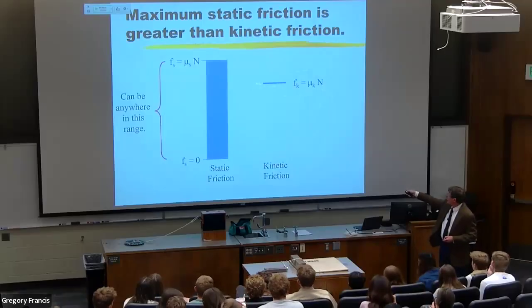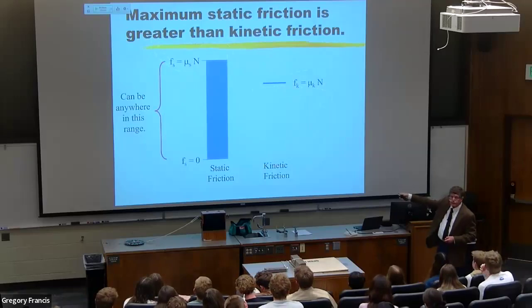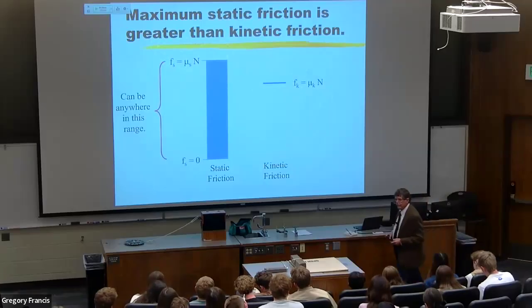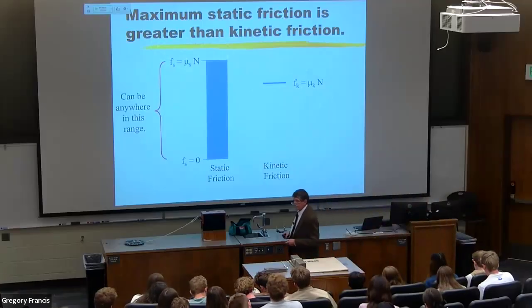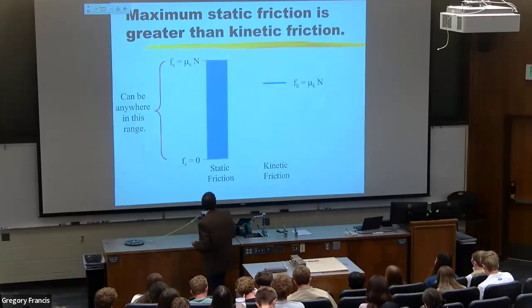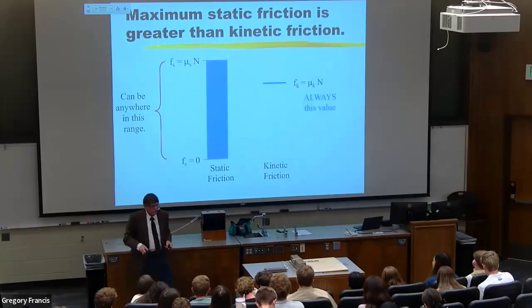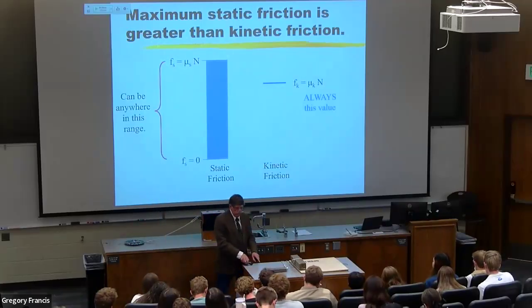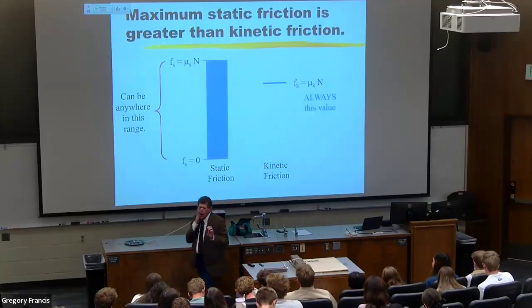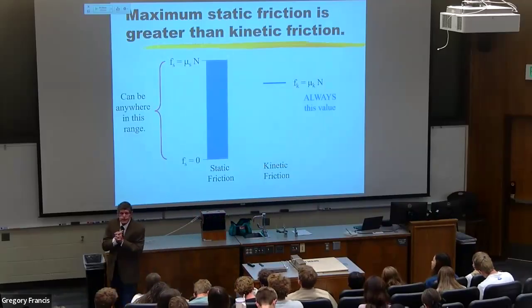And this kinetic friction is always going to be smaller than that maximum value of static friction. Okay? Always that value. Now, let me see if I can help make this make sense.